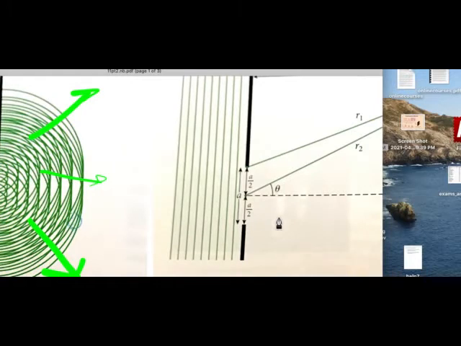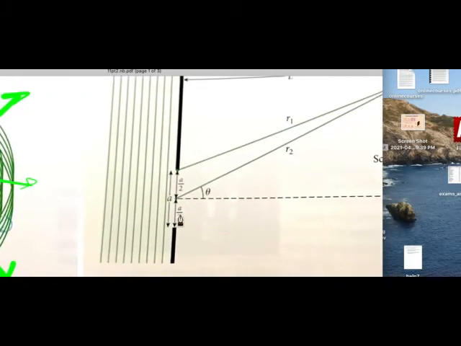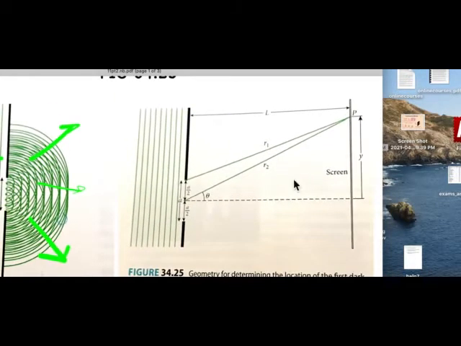Look at the outgoing wavelets of Huygens' principle, and then project the light onto a projection screen down here.